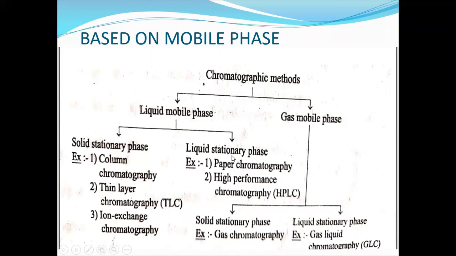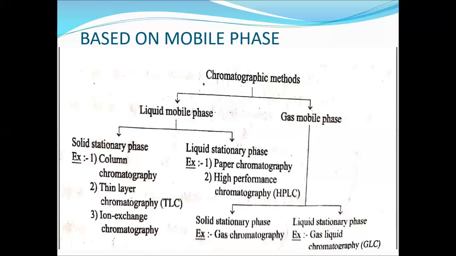Coming to the second category, liquid stationary phase. Here you have examples of paper chromatography and HPLC, high pressure liquid chromatography. In paper chromatography, on the paper, we have the liquid stationary phase, and the liquid mobile phase is used.